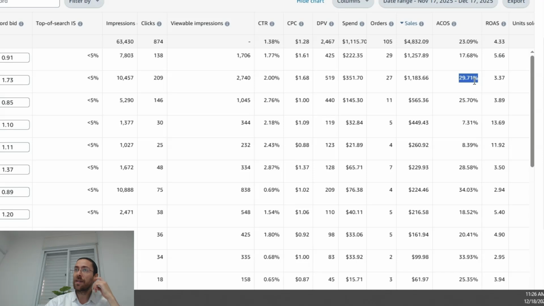And then the other consideration, besides the fact that I need to lower this to get to my target ACoS, is that I also need to lower it further because the top of search bid needs to be about 50% lower. As we said earlier, my ACoS there is around 40%, and I need to be around 20%. Therefore, I need to be paying about half the amount on top of search.